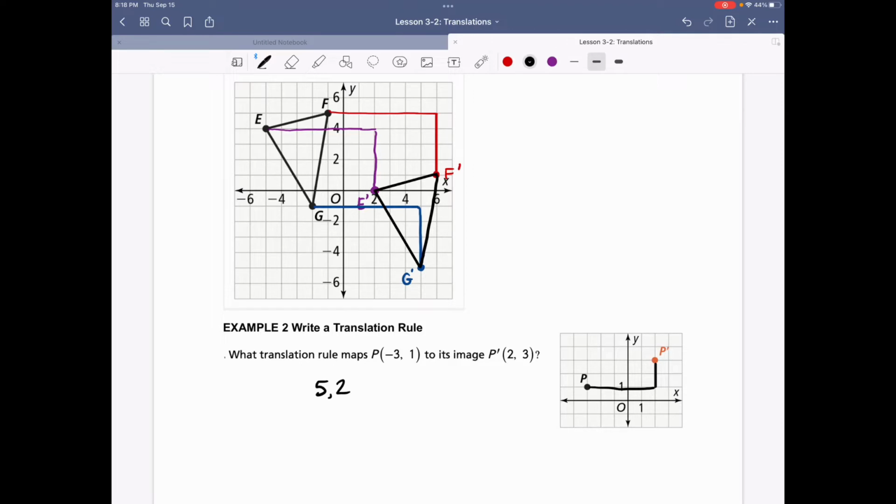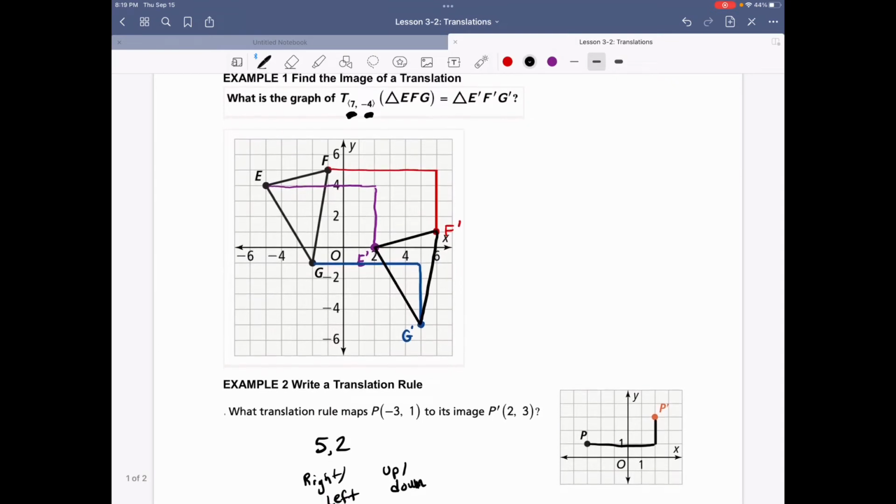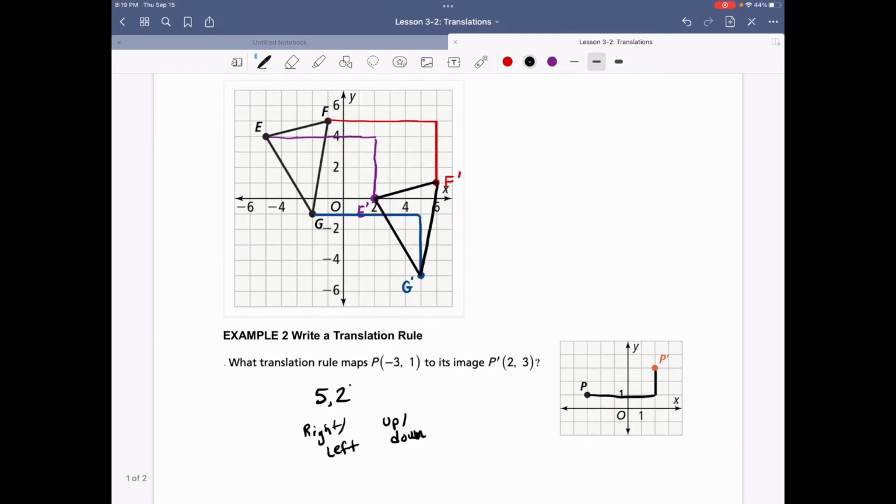The first number in our translation is going to be left or right, and the second number is going to be up or down, depending on if it's positive or negative. So the translation rule, if we go back to example 1, we're going to put that in brackets like so.